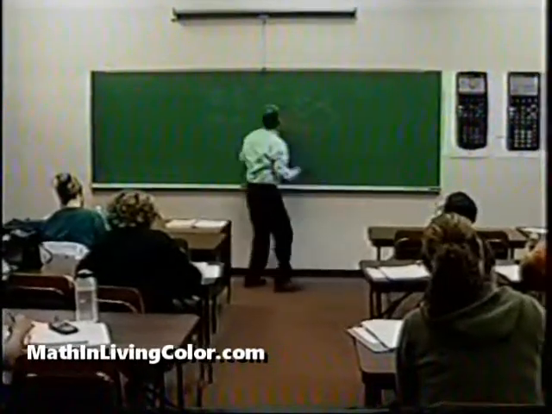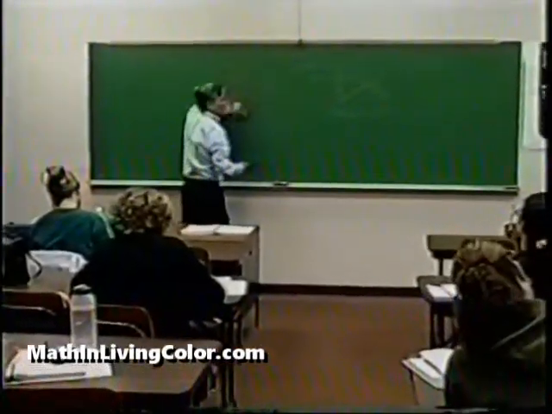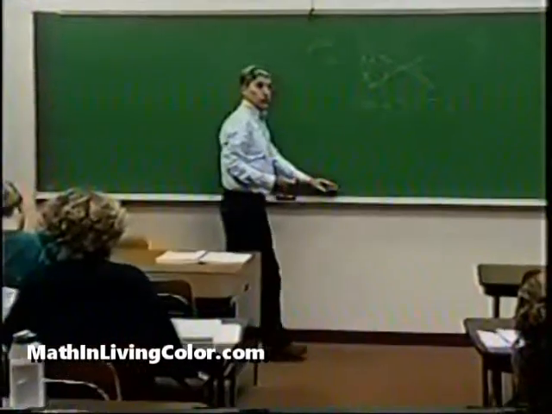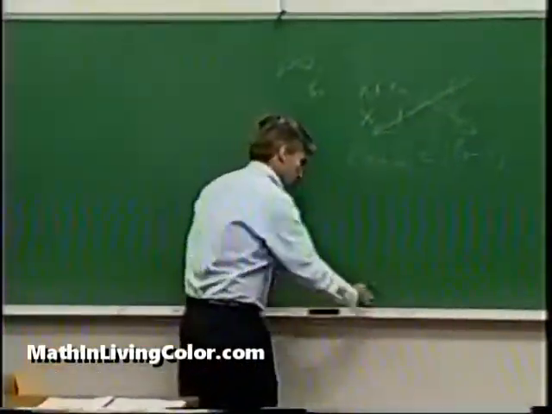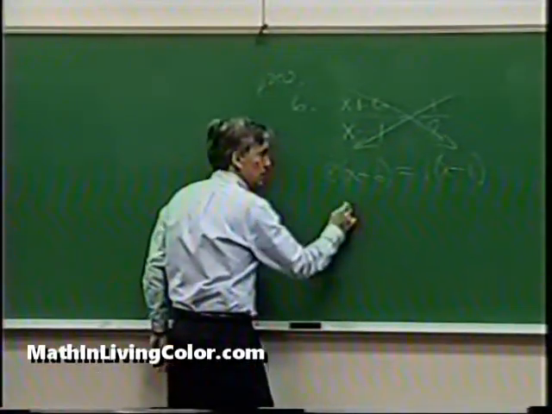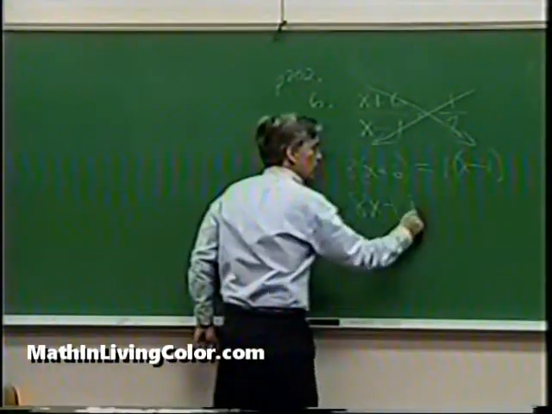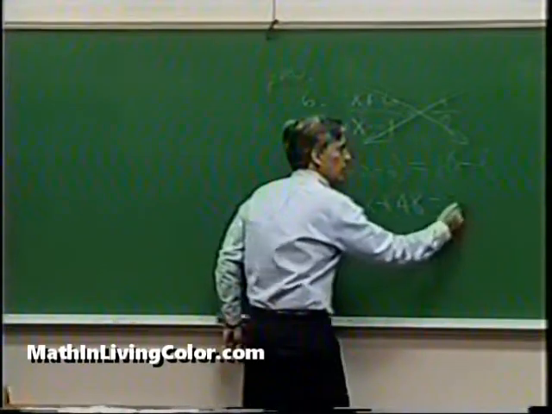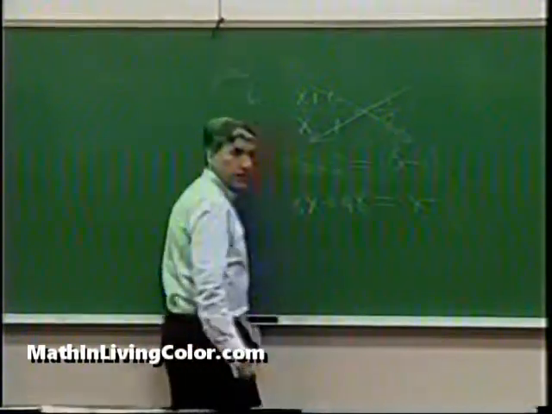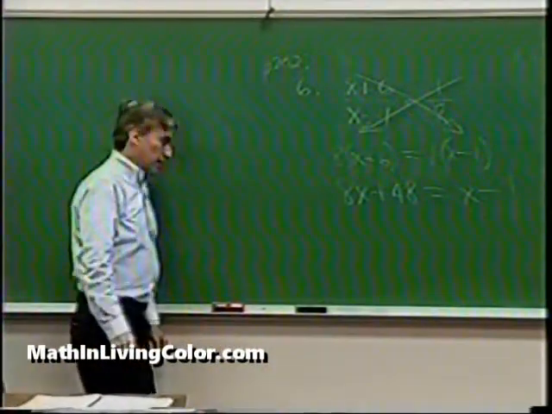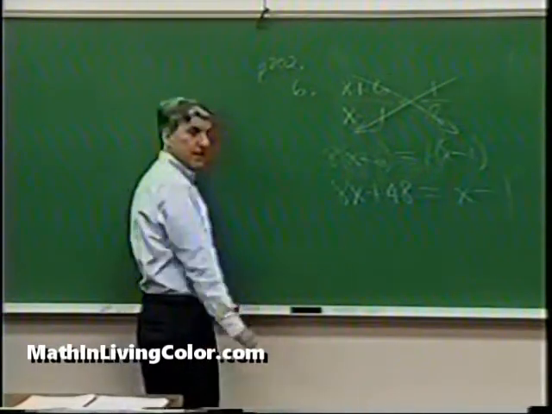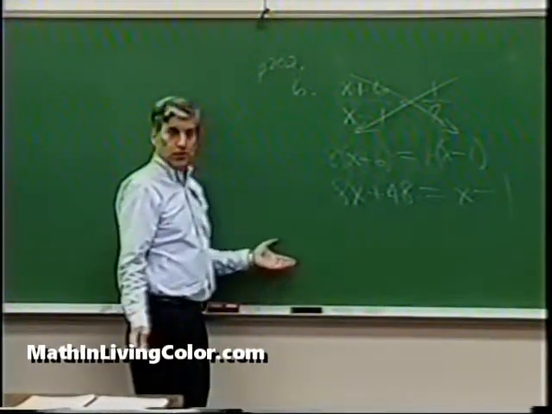Okay. Now what? We're solving for x, right? So how do you solve for x? 8x plus 48 equals x minus 1, right? And then what? Got to get the x's on one side, so what are we going to do?